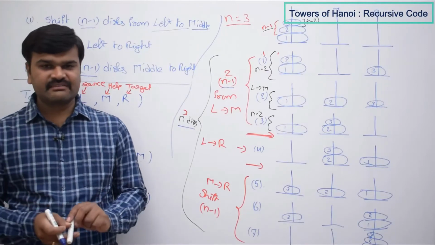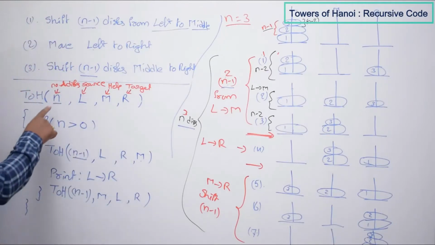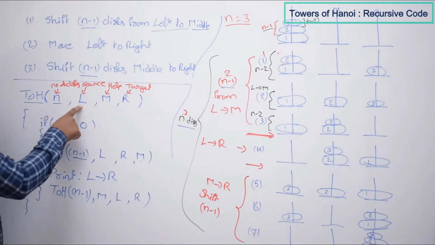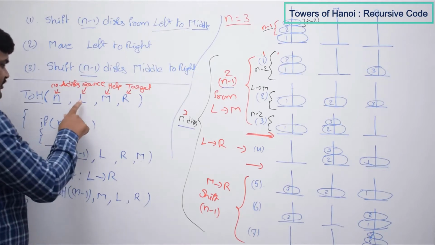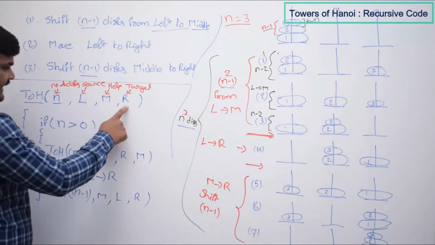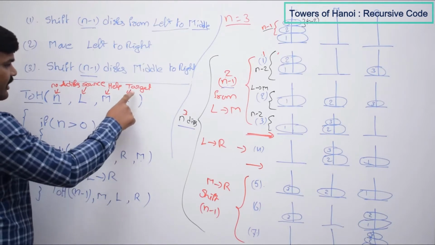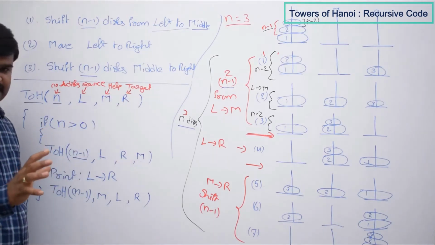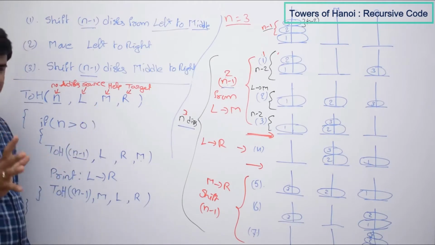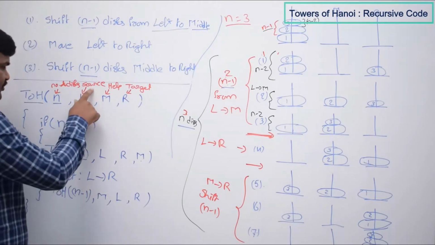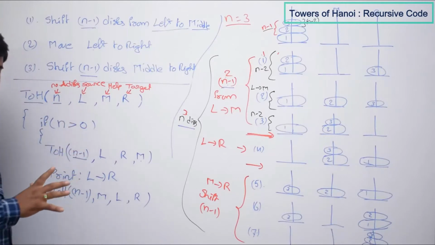So let us see quickly what we have done here. N disks we have initially, these n disks exist at the source, that is the left tower. These n disks you have to shift from left to right. So the fourth position is always talking about the target. Then the third parameter is always talking about the helping tower. The second parameter is the source where these n disks exist.